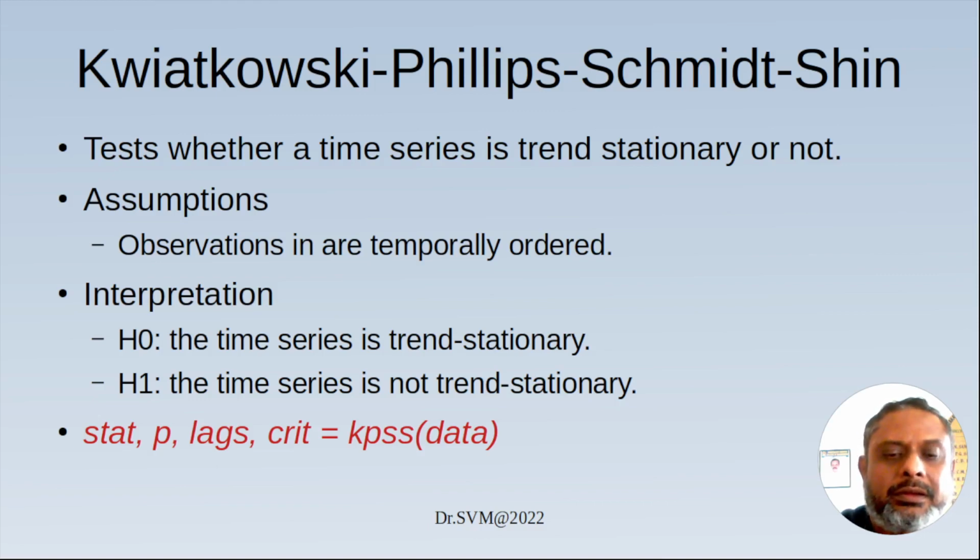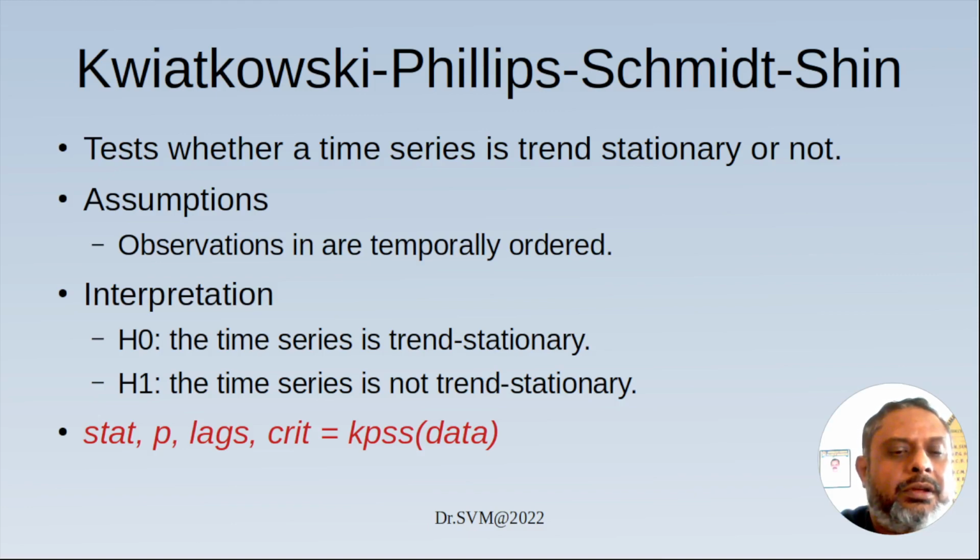When this function is run, we get another p-value along with other statistical details, lag, critical values and other things. The p-value is useful for accepting or rejecting the null hypothesis.